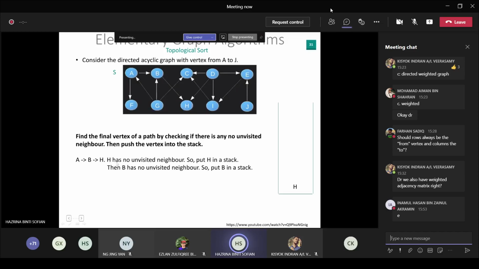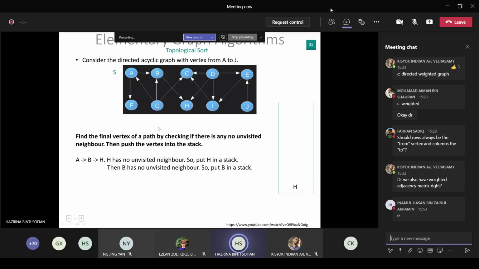So H has no unvisited neighbor. There's no way H can go to D. So this is the end of this path, and we put H in the stack.